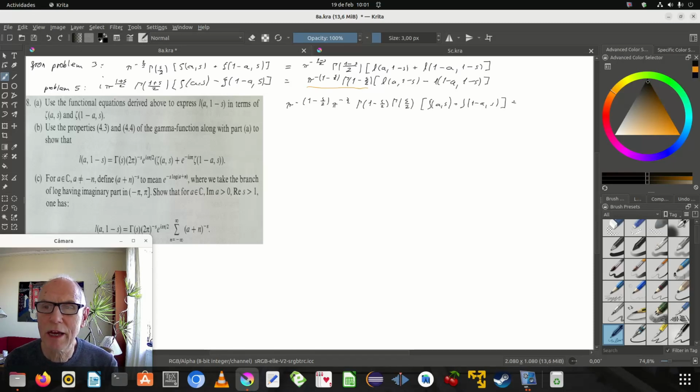And then we must add, and then this is it, times this. There was an imaginary unit as well. Pi to 1 plus s halves.